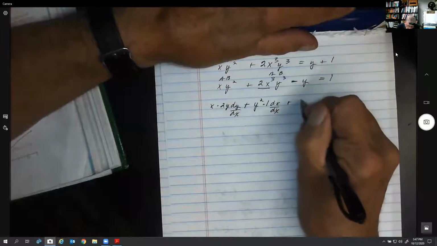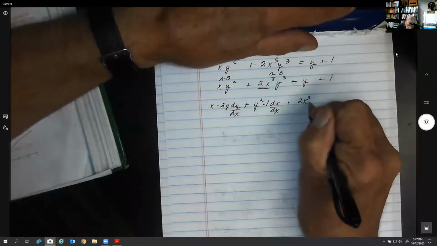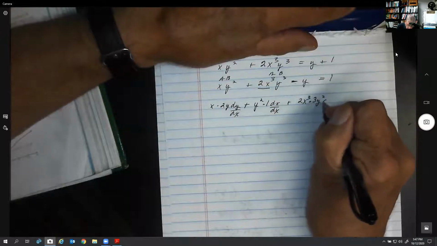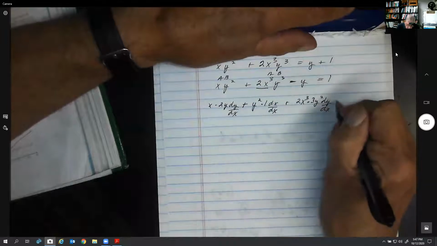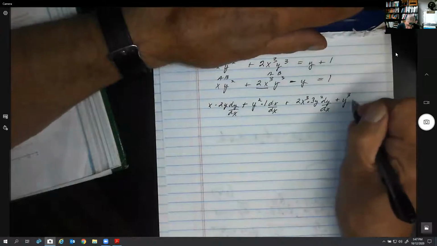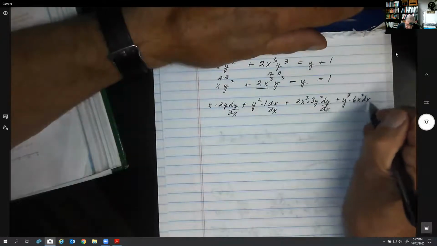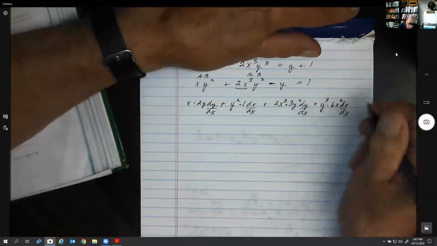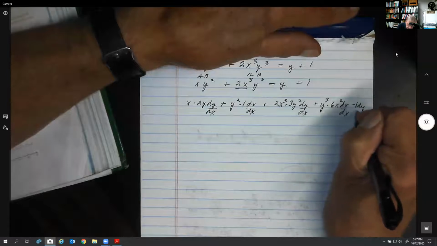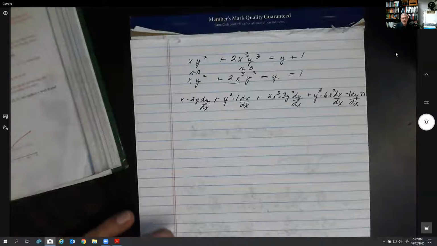So this is 2x cubed times the derivative of b, which is 3y squared dy dx, times b, which is y cubed. See, I'm not taking the derivative of that, times the derivative of the first term, which is 6x squared dx dx. Run out of room. Minus the derivative of y, which is minus 1 dy dx equals 0. Geez, just was able to squeeze it in there.